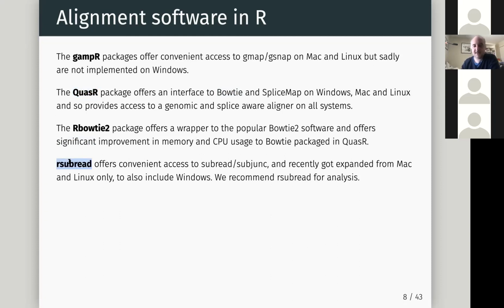The one we really like, and hopefully the team likes too, is Rsubread, because this offers a nice wrapper to the Subread and Subjunc packages. We used to have to give this course with an aligner which works on Windows, but now Subread works on Linux, Mac, and Windows. So we would recommend Rsubread for the analysis. But I think we're going to show you two anyway.